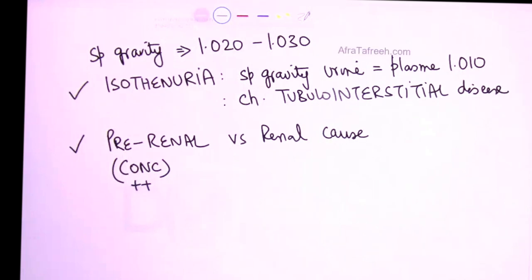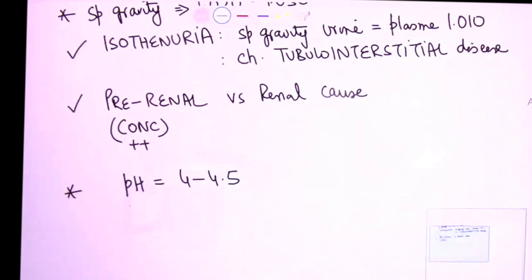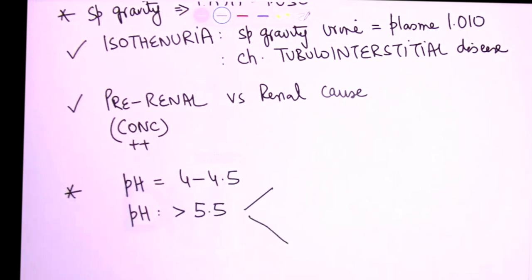The next point to be remembered is regarding the pH of the urine, and normal pH of the urine hovers between 4 to 4.5. In case you get a question in which the person is having alkaline urine, for example pH constantly more than 5.5, then there are 2 possibilities why this could be happening.